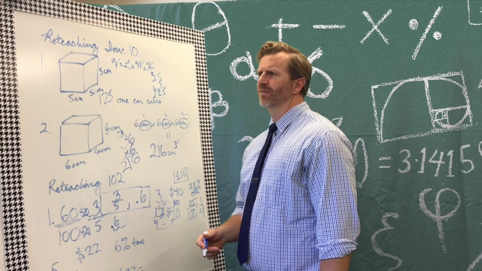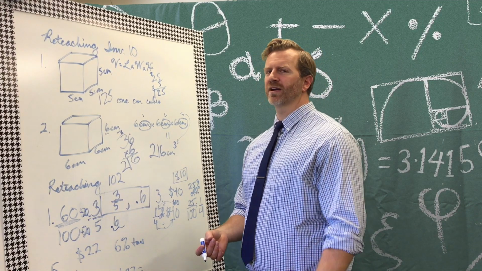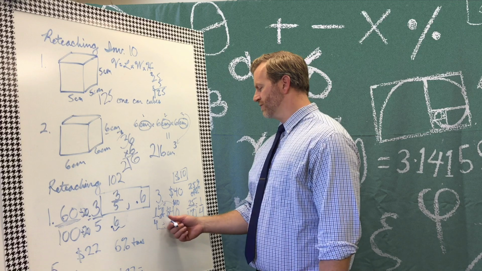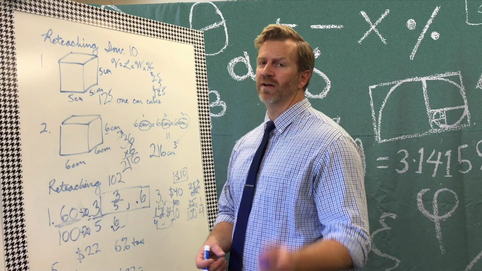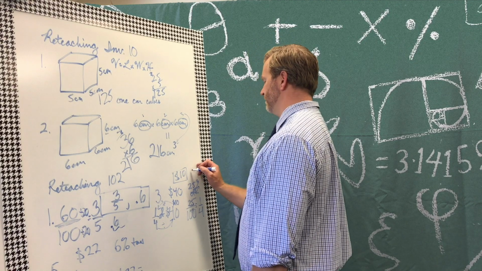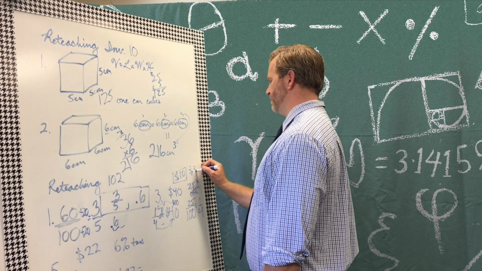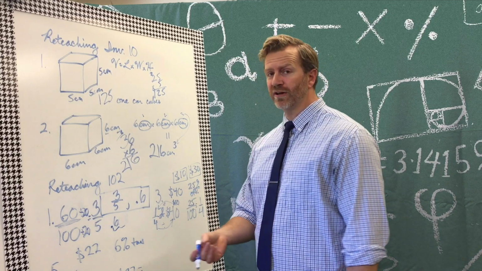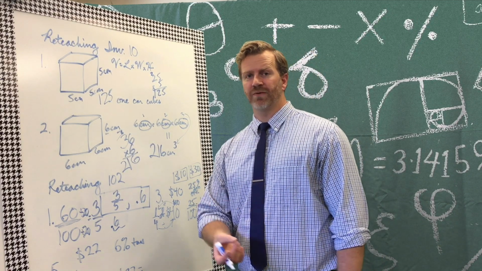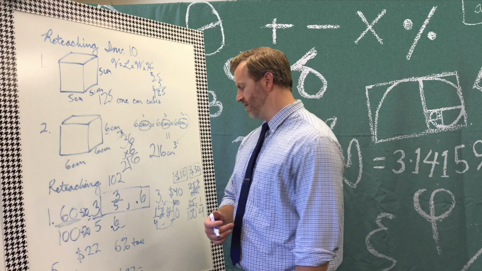Now, if we take that discount, how much would it cost to go ahead and purchase that item that was $40 for 25% off? How much would it cost us when we're all done? Absolutely, it's going to be $30, right? Because we took that $10 away from that original 40, gives us 30.